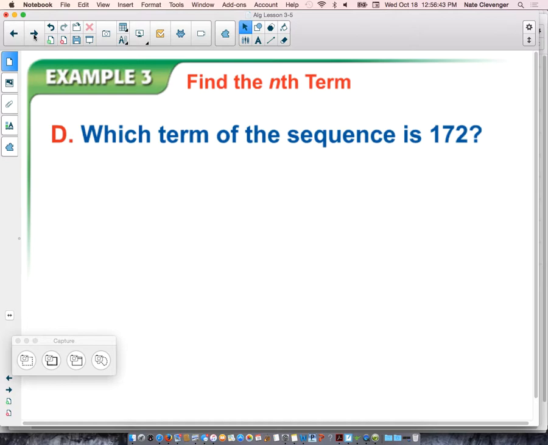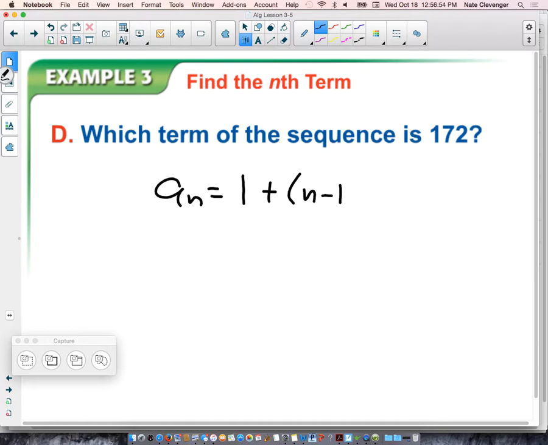Now in this same sequence, a_1 was 1. Which term would be the term that has a value of 172? Where do I need to plug in that value of 172? Into a_n, because that's the value. So 172 equals 1 plus n minus 1 times 9.